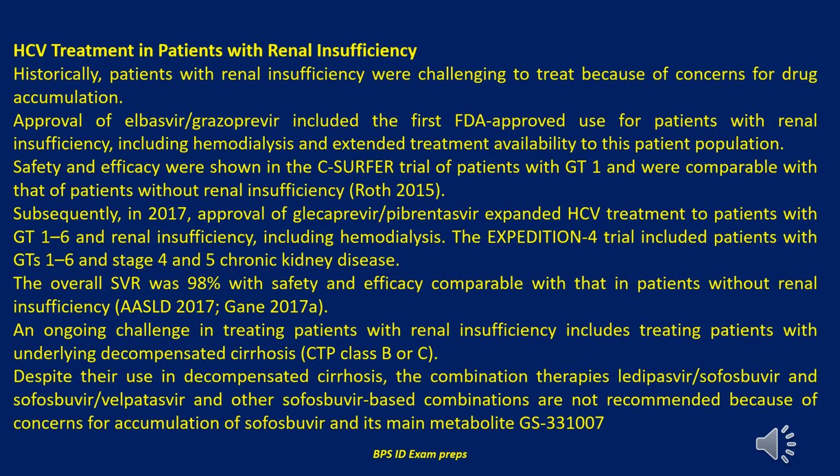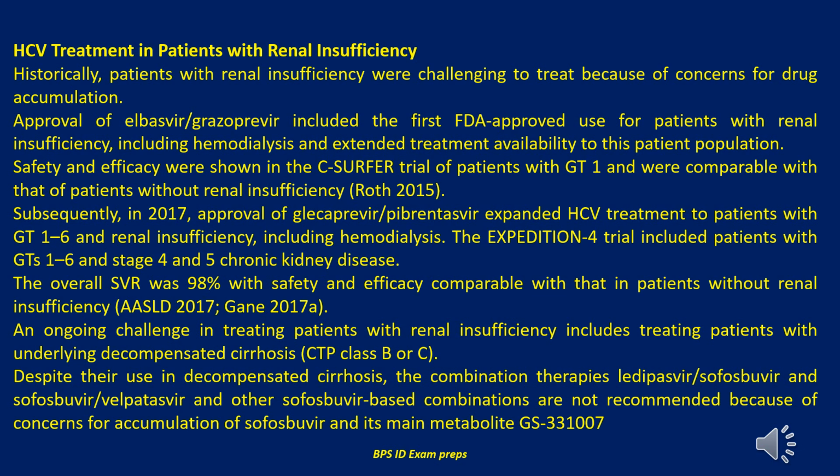Subsequently, in 2017, approval of glecaprevir plus pibrentasvir expanded HCV treatment to patients with genotype 1 to 6 and renal insufficiency, including hemodialysis. The EXPEDITION-4 trial included patients with genotypes 1 to 6 and stage 4 and 5 chronic kidney disease.